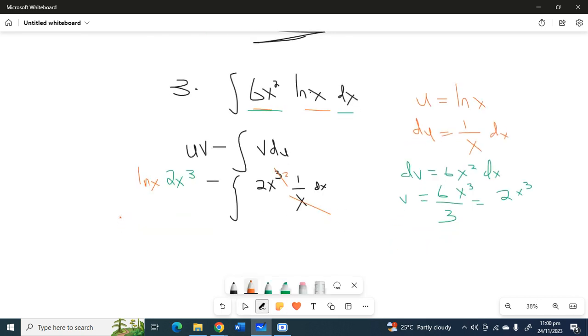So our answer is going to be the natural log of x, you can put the 2x cubed in front.